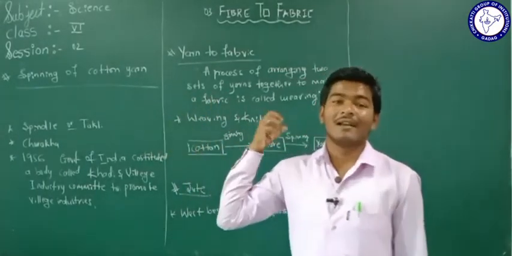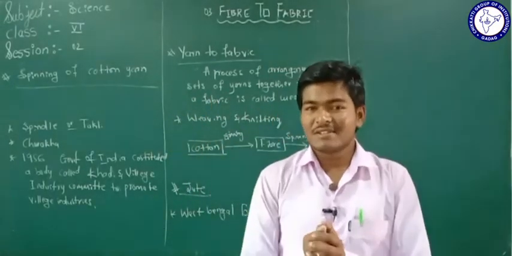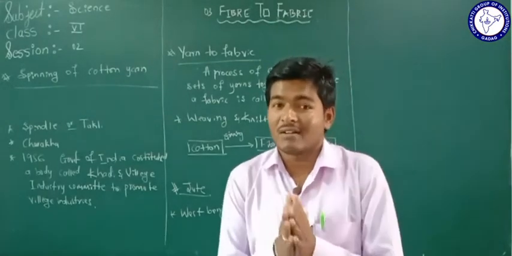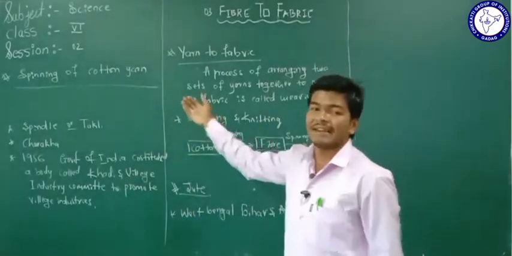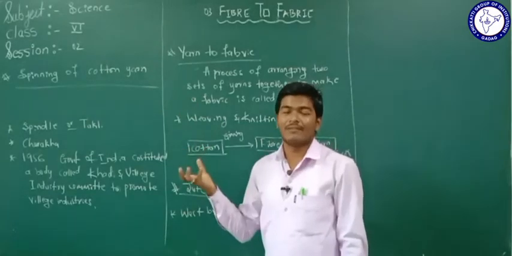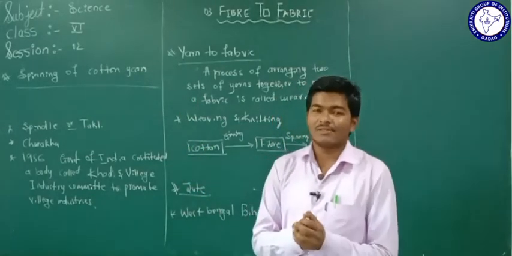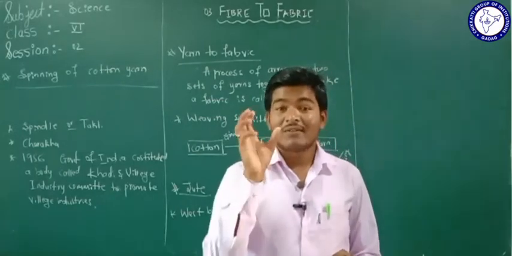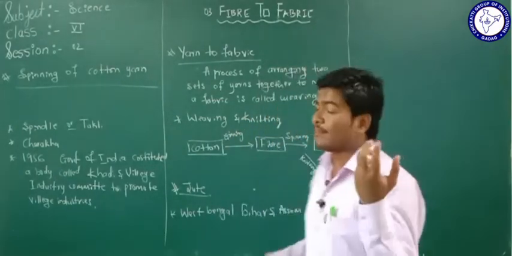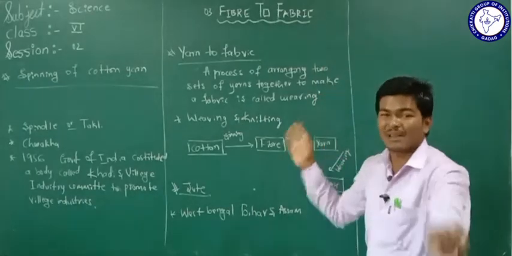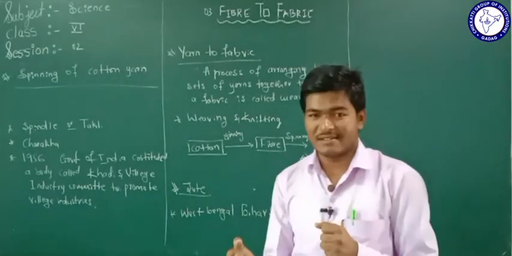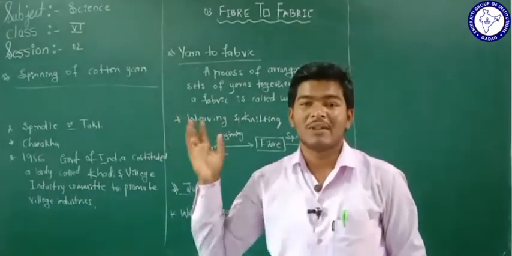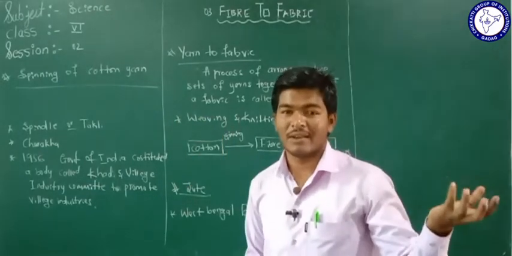Cotton is grown in very hot conditions and in black soil. We also studied how to remove the seeds from the cotton ball, by a process called combing. We separate the cotton from its seeds using a comb, isn't it? That process is called combing.